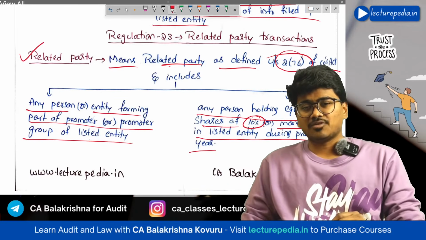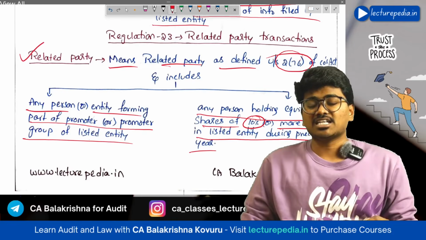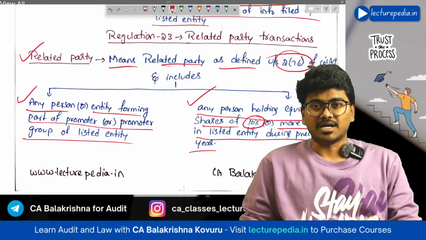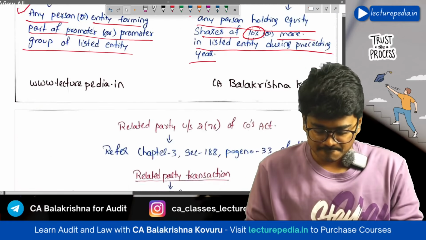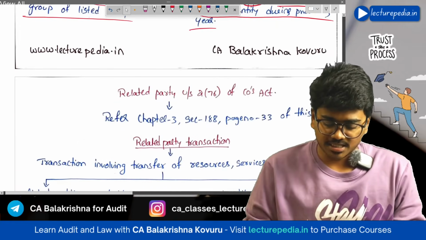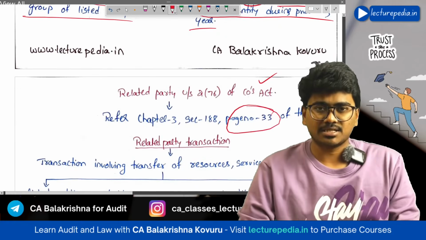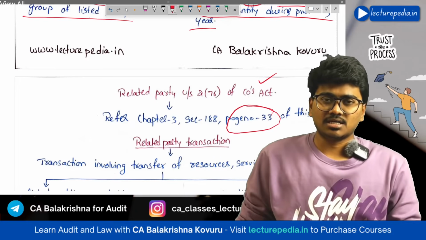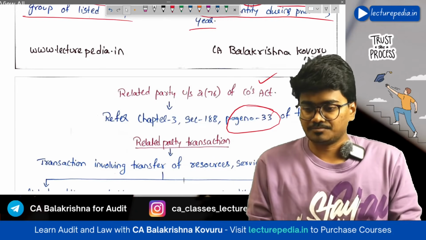Apart from the definition as per the Companies Act 2013, these two persons will also be known as related party. For the definition of related party as per the Companies Act, you can refer to page number 33 of these charts, in chapter number 3, where we have discussed the related party definition.